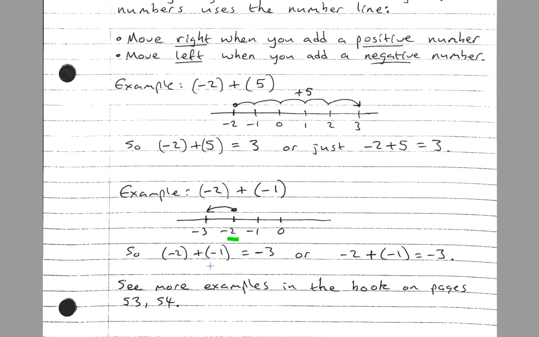So -2 plus -1 is equal to -3. We can drop these parentheses around the -2, but we can't drop these parentheses. You never want to have a plus and a minus together. So this is -2 plus this negative number, -1, that's equal to -3.